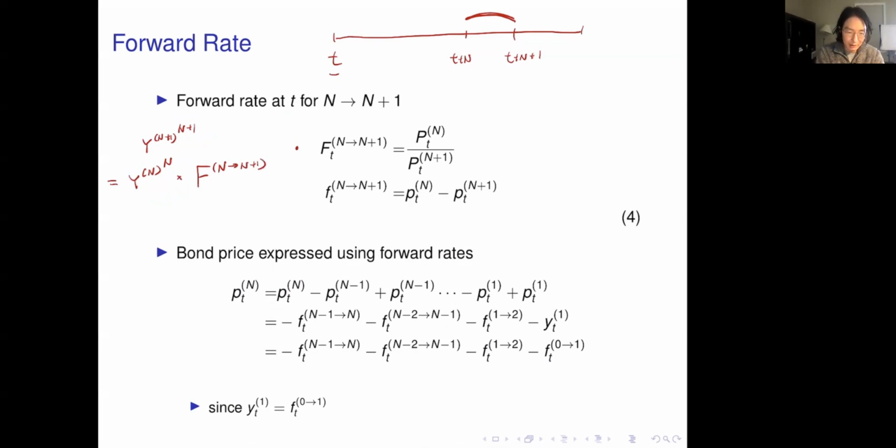And because price and yields are related, you can get the expression here. And also the other expression over there.